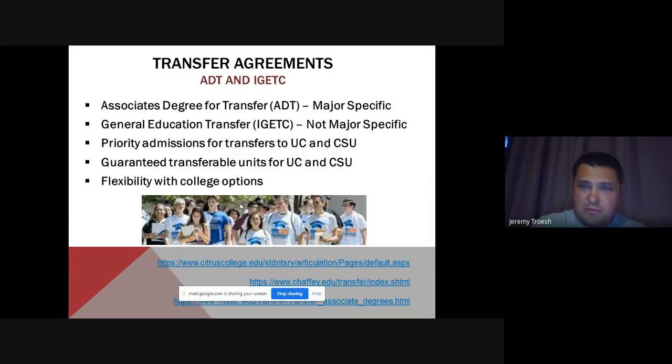And again, the most important part when you're attending community college for a transfer degree is you want to make sure you have transferable units when you leave, okay? When you're going for a transfer degree, you do get priority admissions to UCs and Cal States. And if you think about this, a Cal State and a UC is admitting you after you've already completed 2 years of college in a program that they've verified to be rigorous.